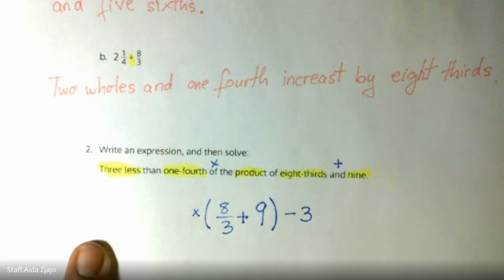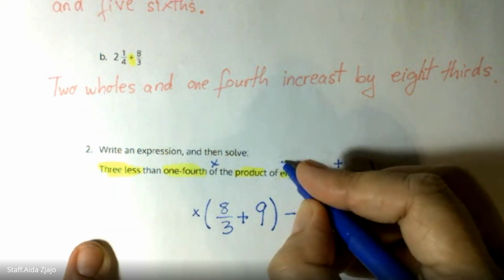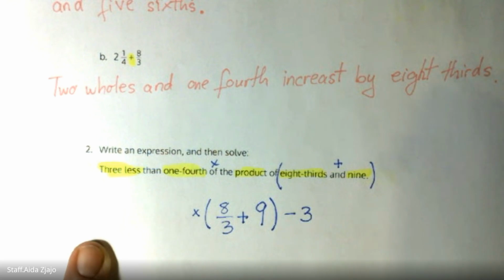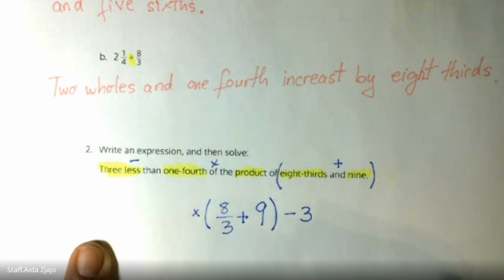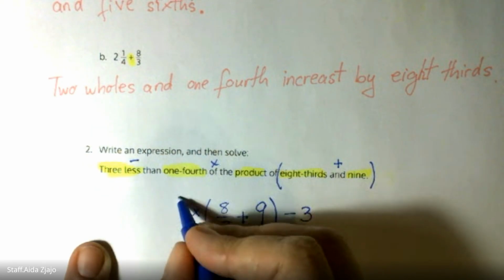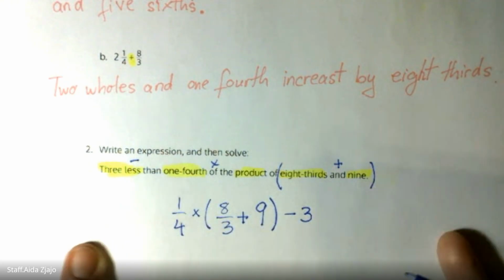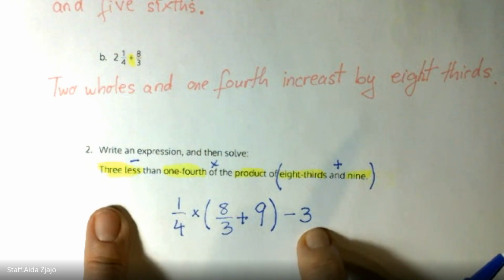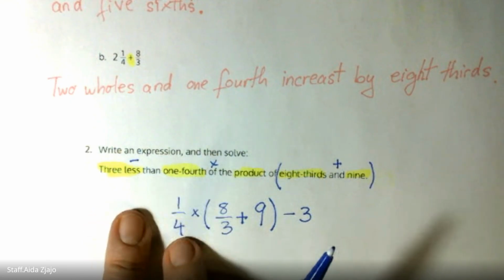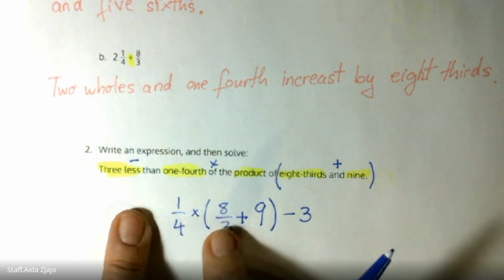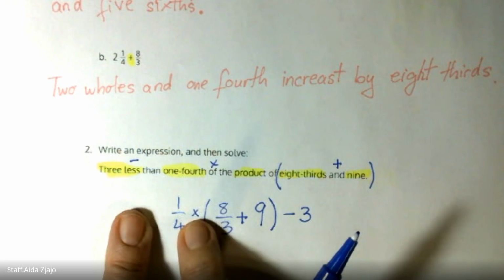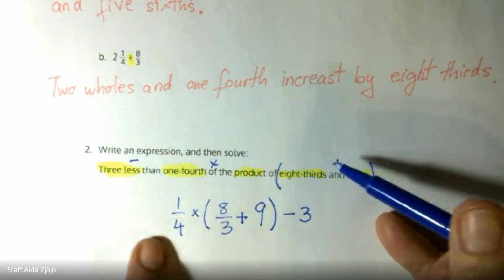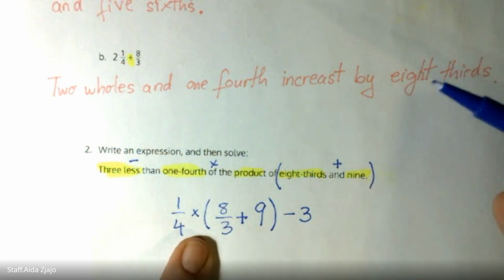But mostly when you have that, it has to come in parentheses. And 3 less means minus. So let's go back. 3 less than 1/4 of the product of 8/3 and 9.